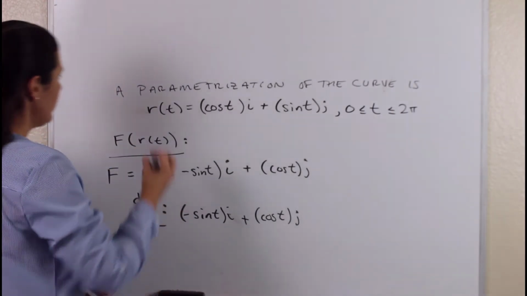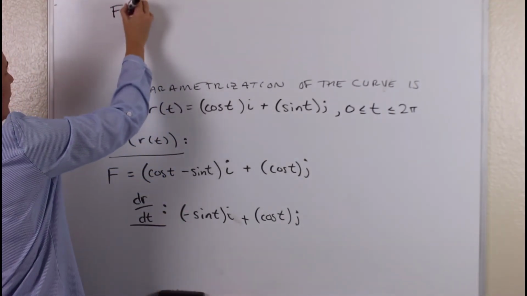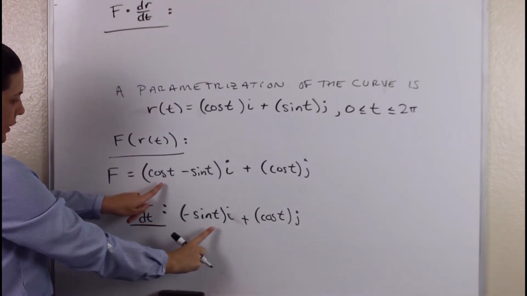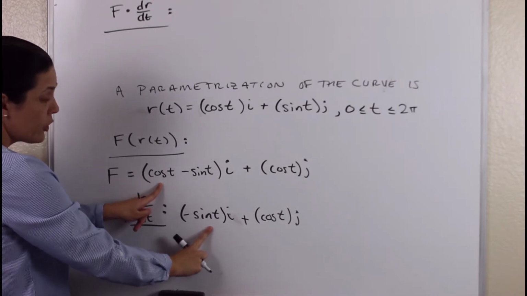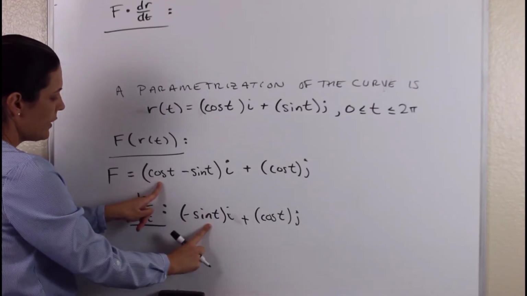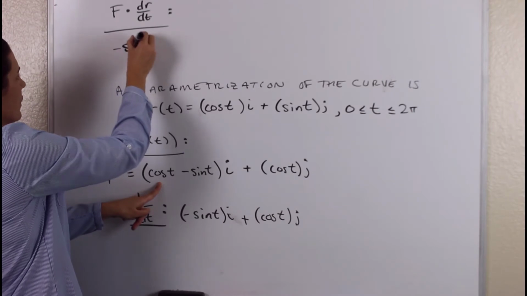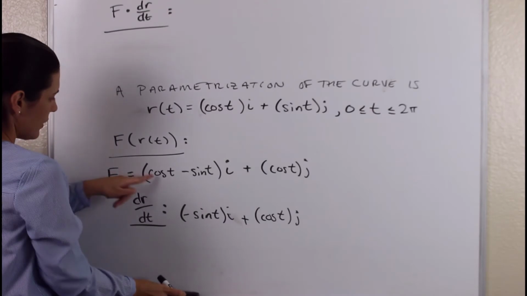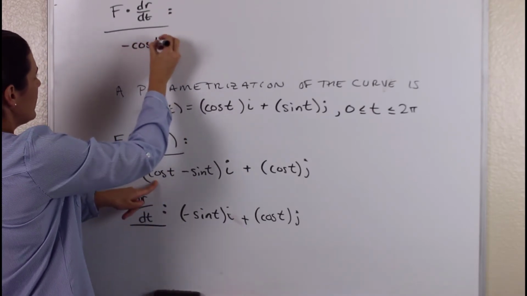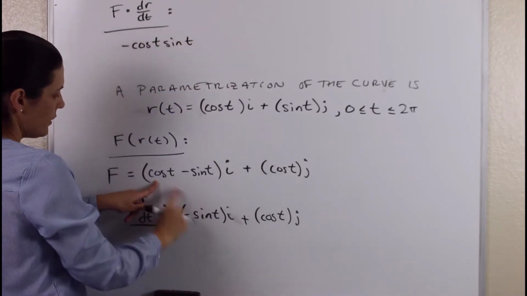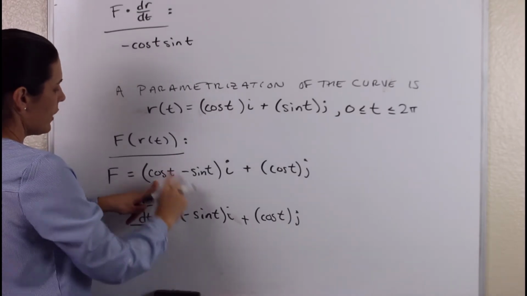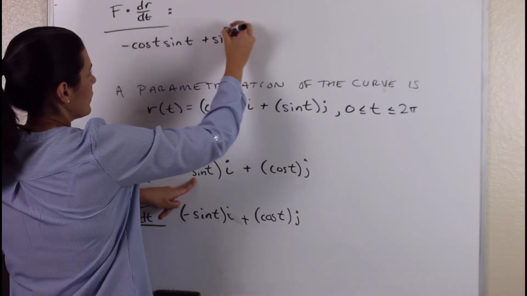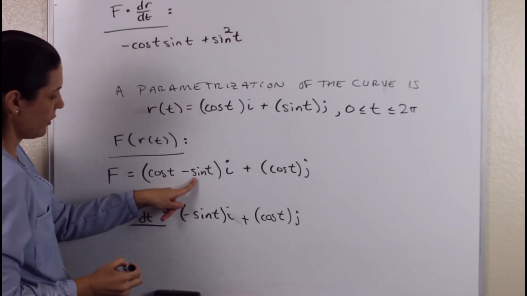So the dot product of these two, f dot dr dt, is what we're doing. So let's point and multiply, and I'm going to distribute as I multiply. Cosine times negative sine, so negative cosine t sine t. And then negative sine times negative sine, so positive sine squared t.